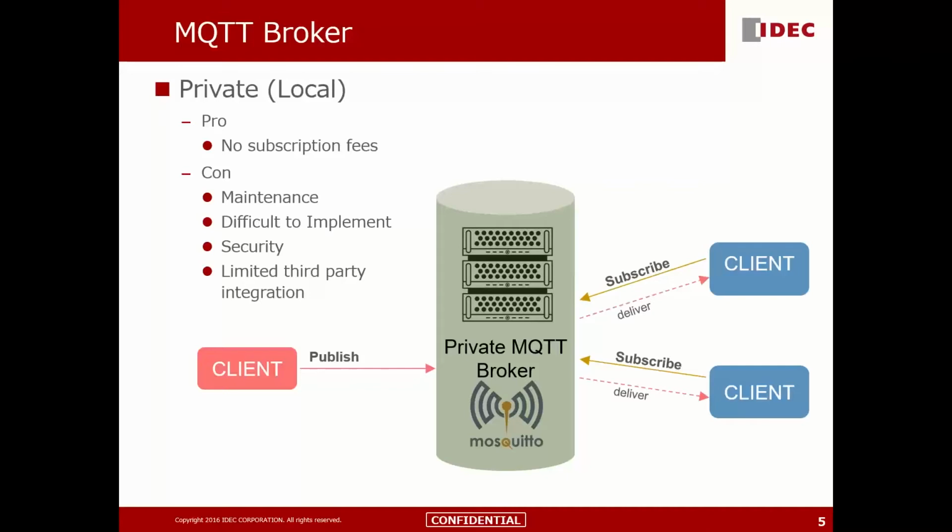Of course, people can hack your brokers or your server. And then there's limited third-party integration involved. And I will discuss what I mean by third-party integration, okay? So the first option is you build your own MQTT server or MQTT broker, okay, doing this configuration. But this is not our main focus.